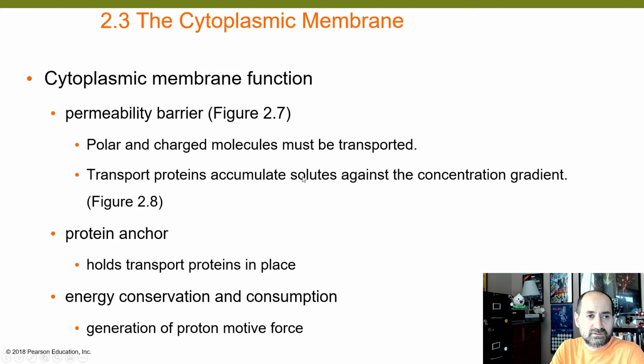And what are the functions of the cytoplasmic membrane in these prokaryotic cells? Well, just like in eukaryotes, it's a permeability barrier, which means only nutrients in, only waste out. It can select what comes into the cell and what goes out of the cell. Remember that polar and charged molecules must be transported.